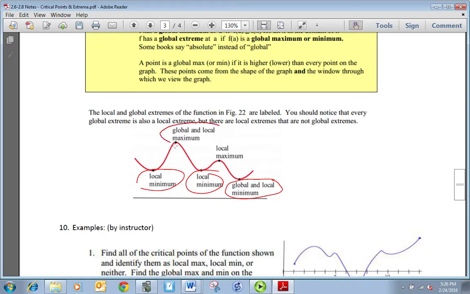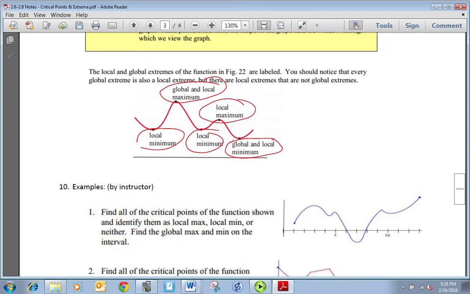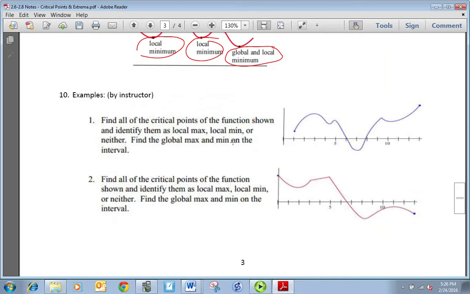And we have a global max up here because it's the highest point of the whole graph. And we also have a local maximum right there. So we're going to go through these graphs and label local max, global max, local min, global min, or neither.